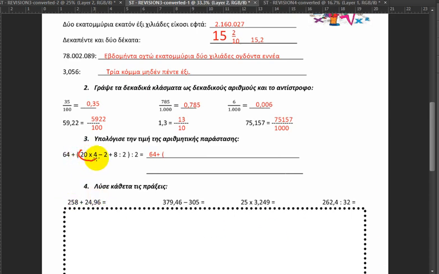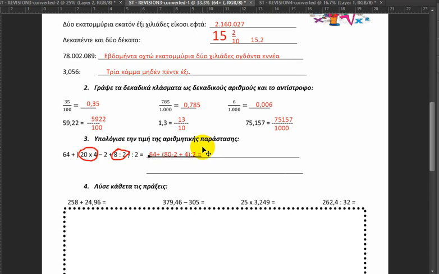The 20 times 4 does not interrupt the 8 divided by 2. Since their circles don't come into contact with each other, I can do both of them at the same time. So 20 times 4 is going to give me 80, minus 2 remains unaltered, plus 8 divided by 2 gives me 4, closing parentheses, divided by 2.